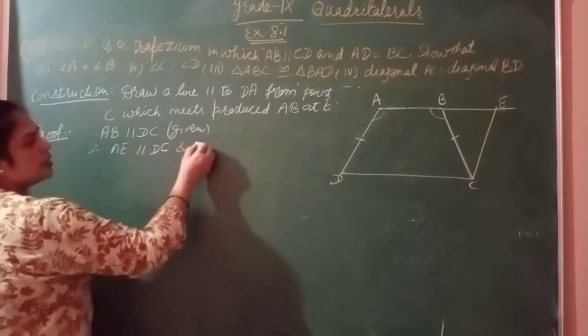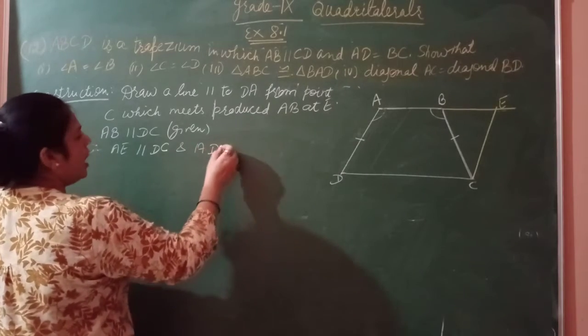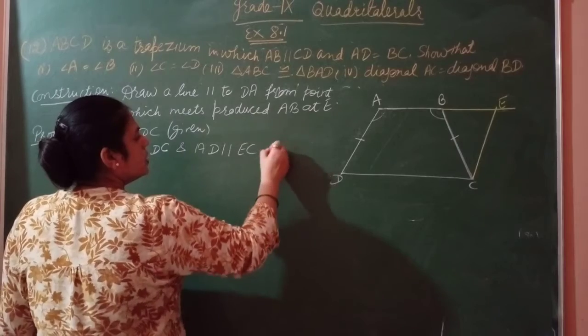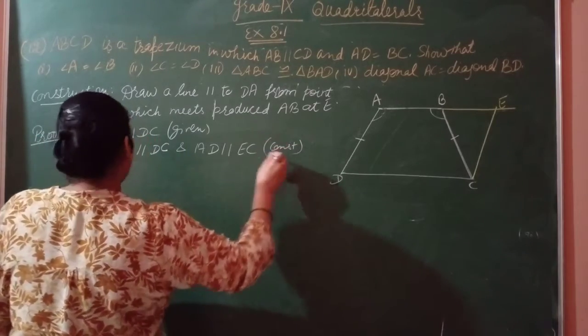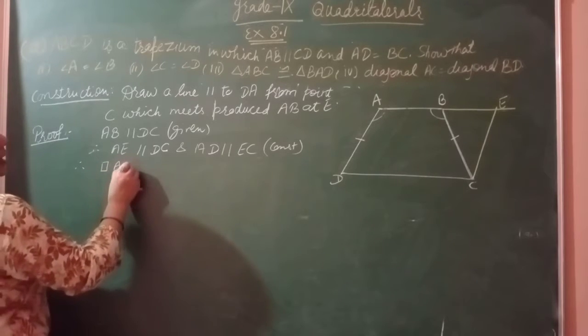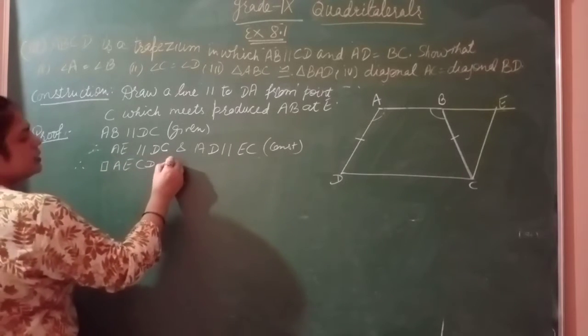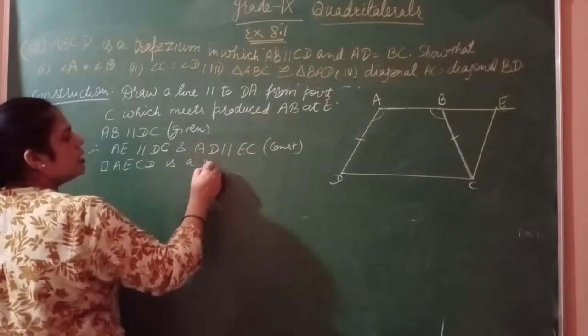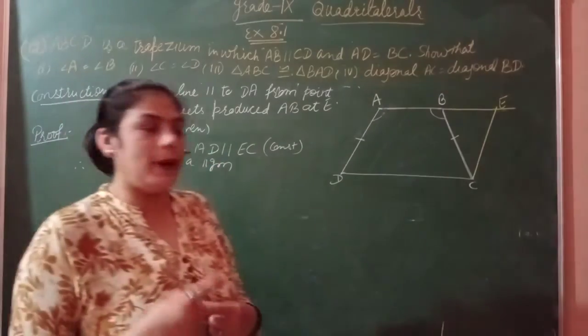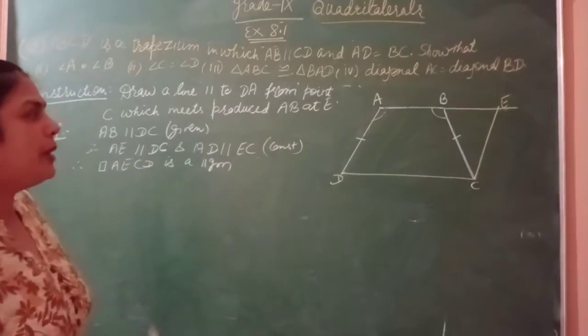And AD is also parallel to EC, that is the construction. So therefore quadrilateral AECD is a parallelogram because two opposite sides are parallel.